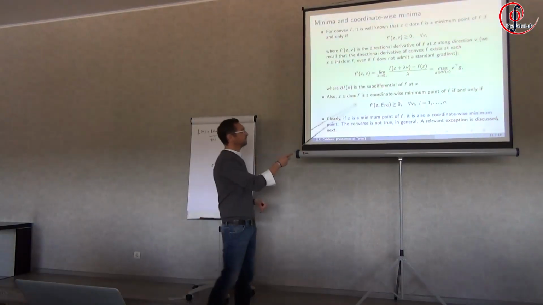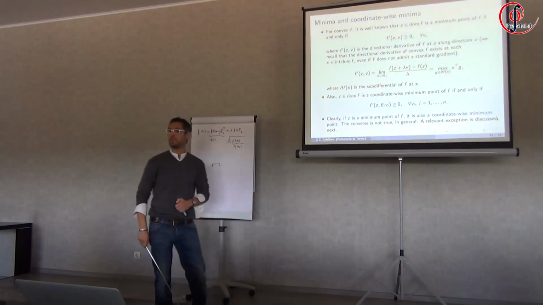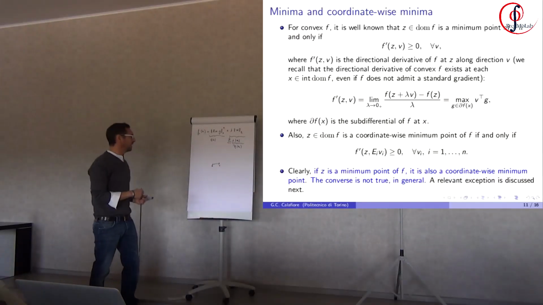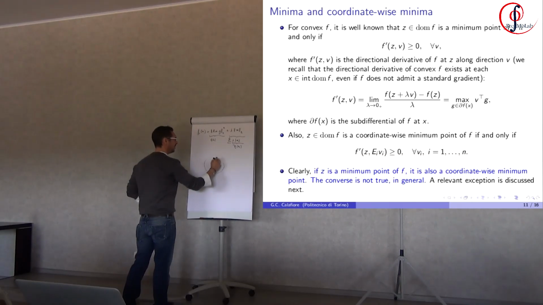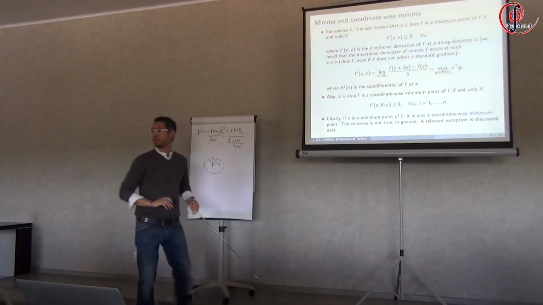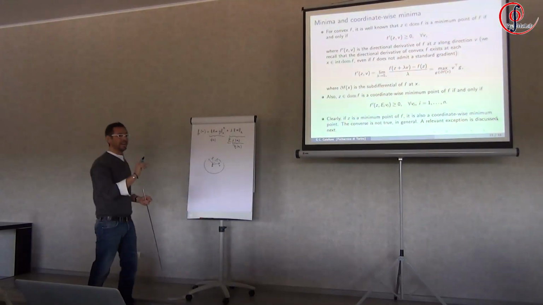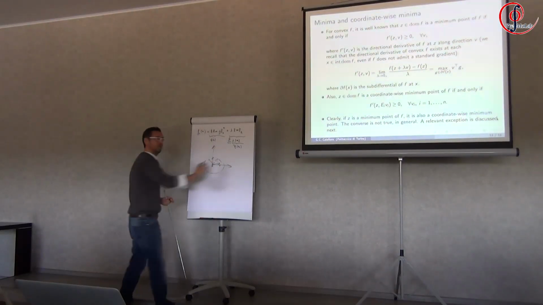Of course, a coordinate-wise minimum point follows the same kind of idea. Minimum point means that there is no direction where I can move and decrease my objective, and coordinate-wise minimum point means that I cannot improve my objective along the coordinate axis.